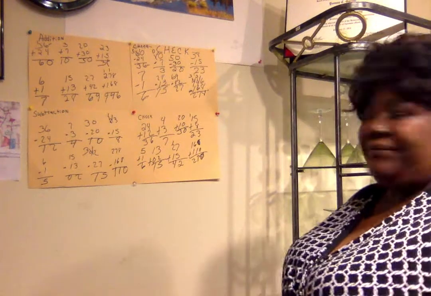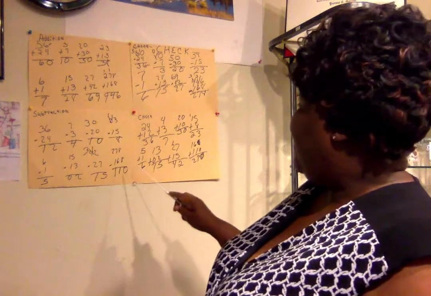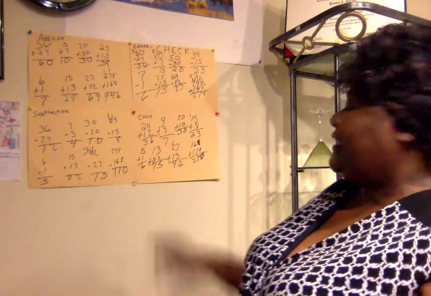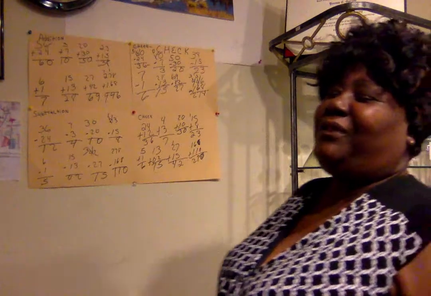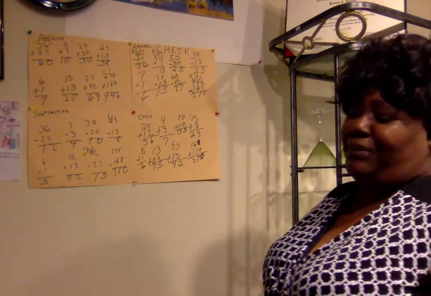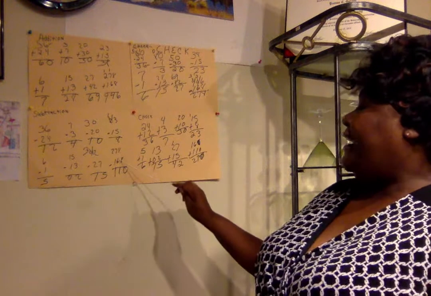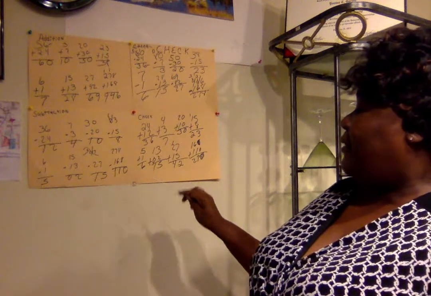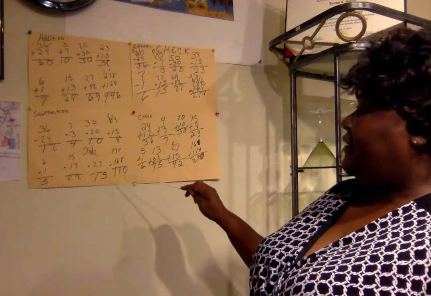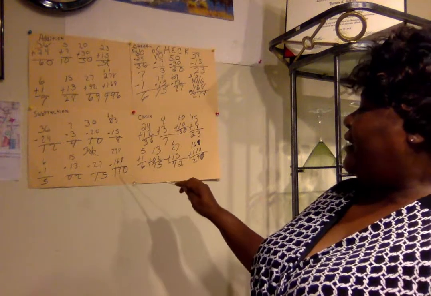Moving on. 278 minus 168. We are subtracting 3 number problems, starting with the last number first. 8 from 8 is what? 0. 6 from 7 is 1. 1 from 2 is 1.